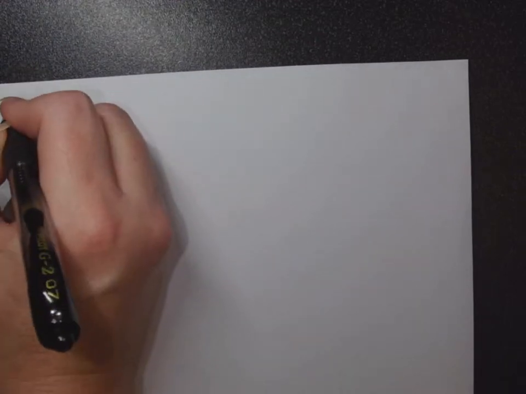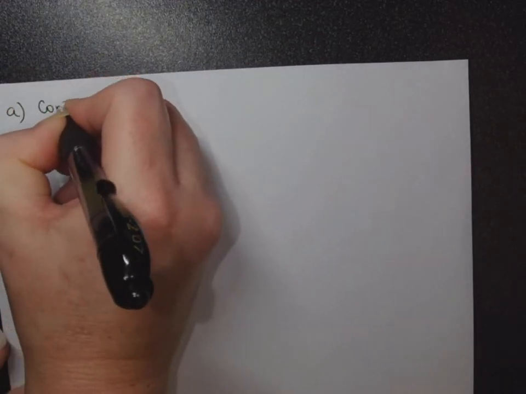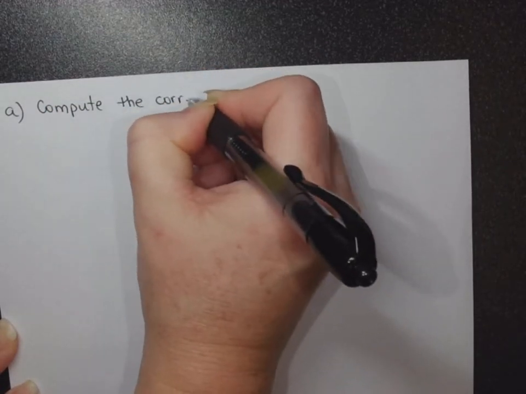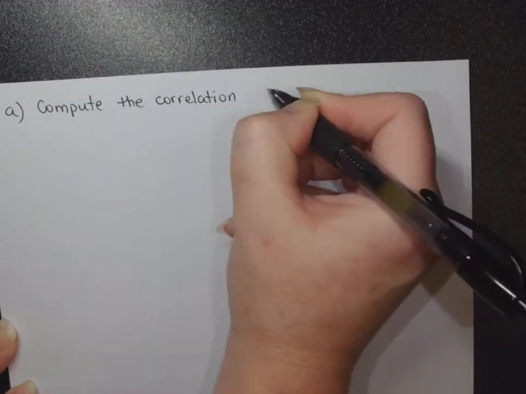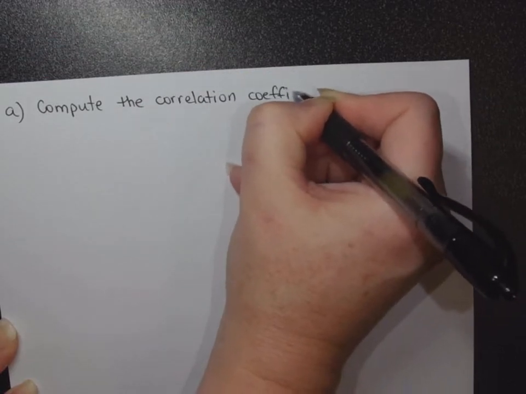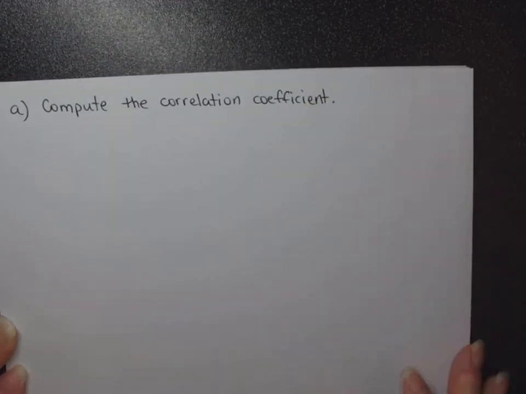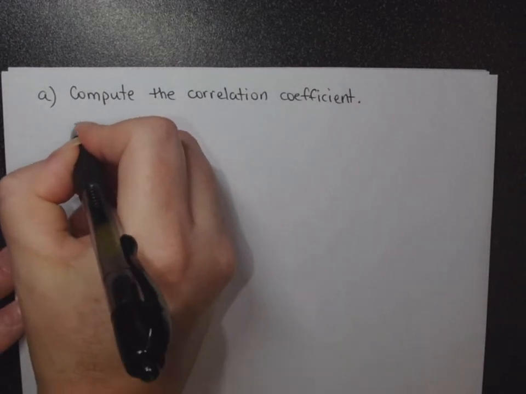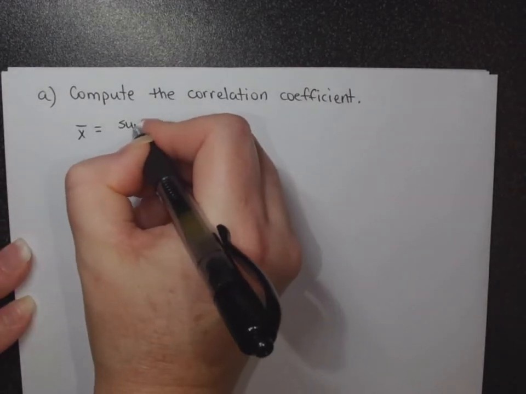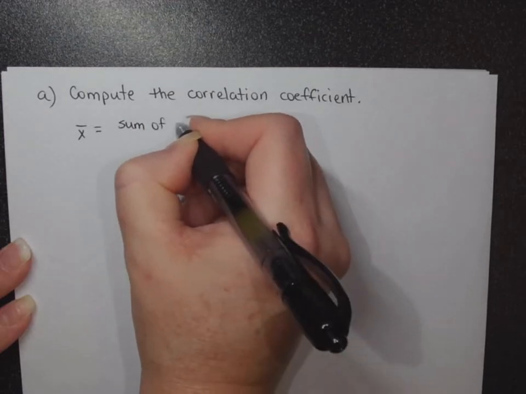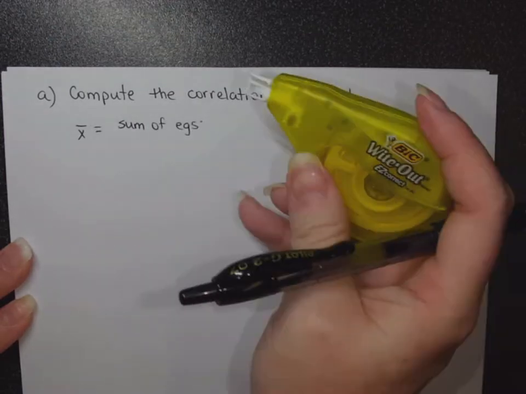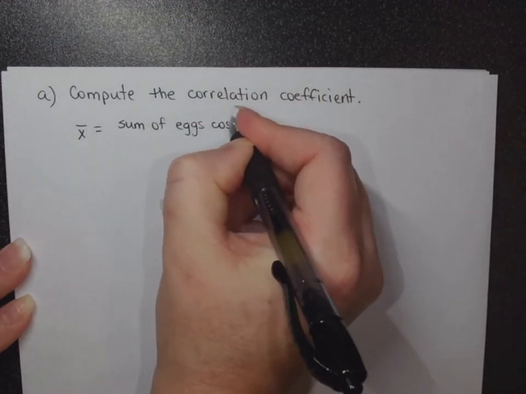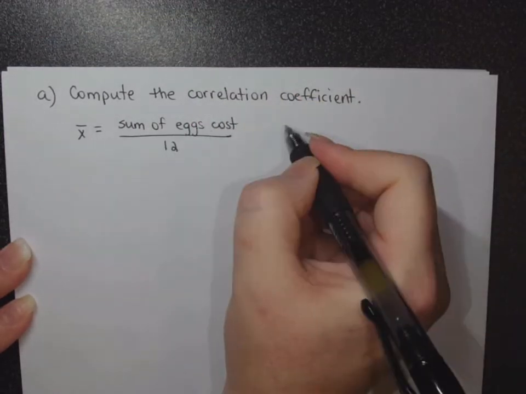Okay, so for part A, I want you to compute the correlation coefficient. Notice in our scatter plot, it's linear and we don't have any outliers, so it's appropriate to compute the correlation coefficient. Before we can do that, though, we need our four values. We need our x bar, which will be the sum of the eggs cost, because we made eggs x, divided by 12.